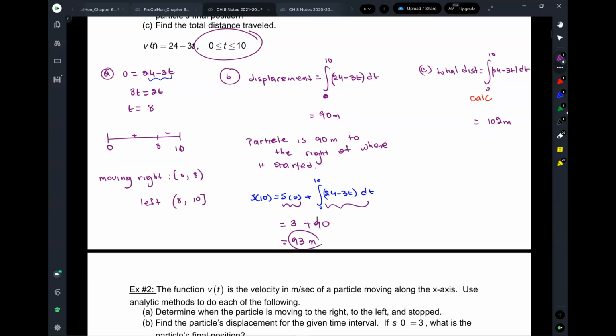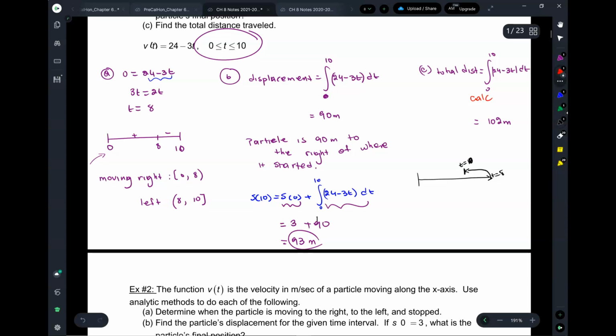Okay. So going back to the very beginning for part A, remember how we had said it started here, and then for 8 seconds it moved to the right. Okay, so at t equals 8, it was here, and then it moved to the left a little bit, until t equals 10, for 2 seconds, right?